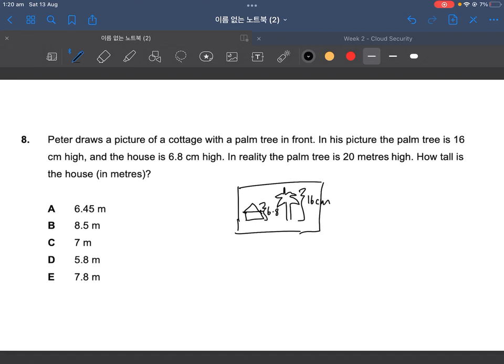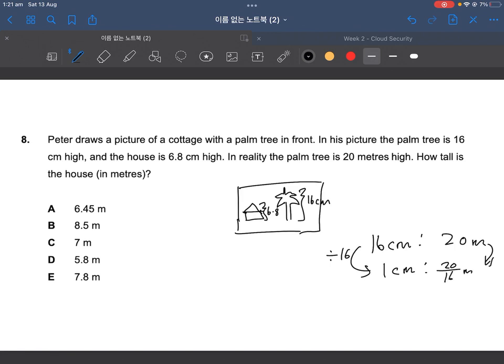Now, in reality, he realized that for 16 centimeters, it was 20 meters high. Okay, meaning that, everyone, hopefully you follow with me, 1 centimeter, which is 16 times less, is also going to be 20 over 16 meters.